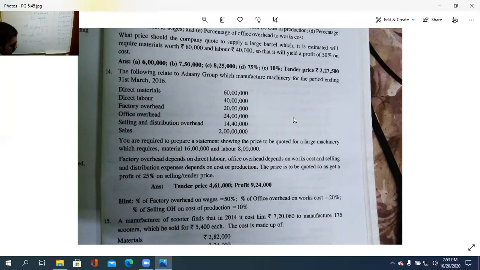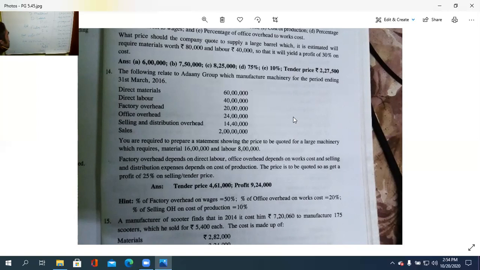So how much is it? 2 crore minus 1 crore 98 lakh 40,000 is 1,60,000. So this is the profit for the normal cost sheet.